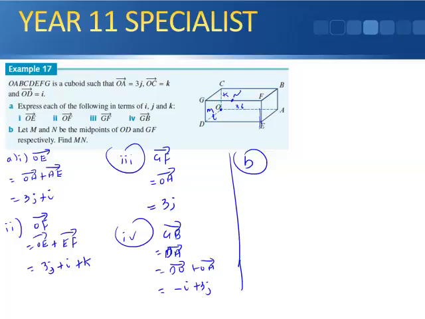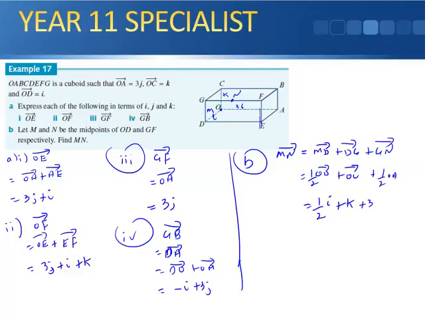So we want to go from M to N. M to N will be M to D, and then we've got to go from D to G, and then G to N. M to D, that's just a half of O to D. And then it's O to C, and then that's a half of O to A, which means it's a half of i plus k plus 3 on 2 j.